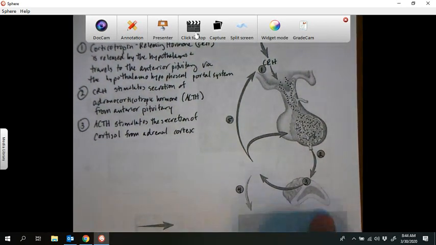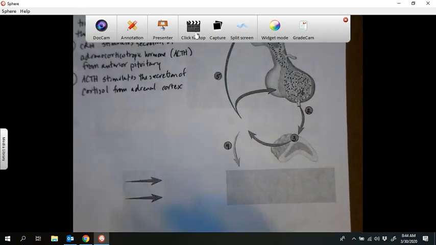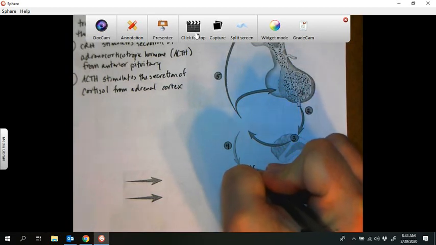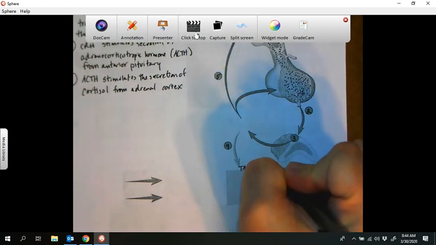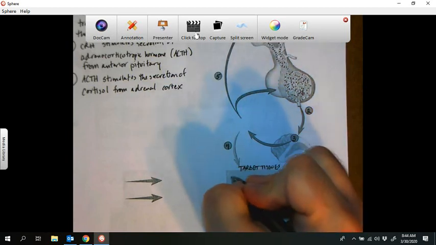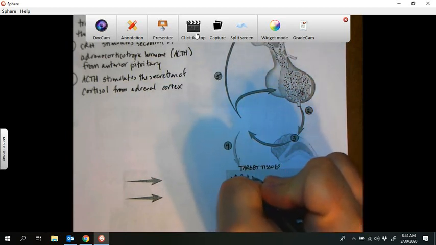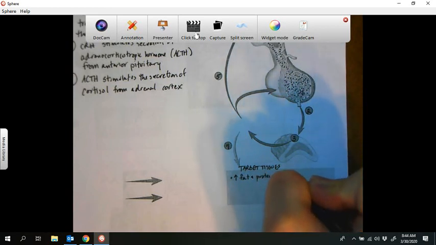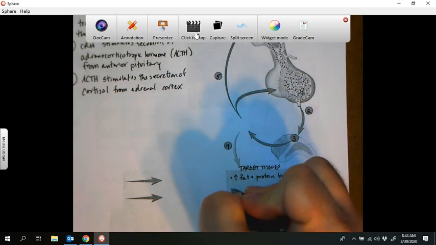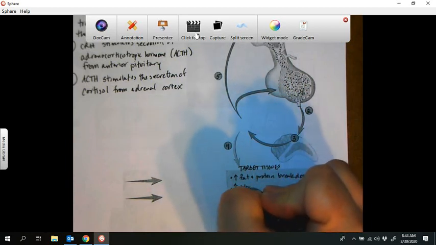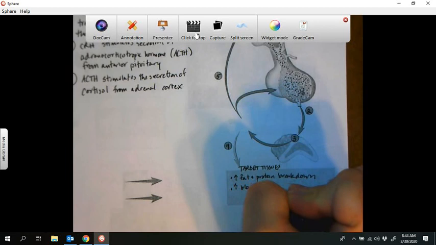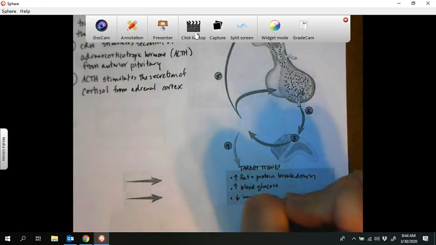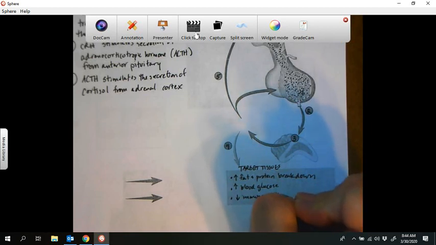The effects of that we're going to label down here in this box. Here we have our target tissues, and there are a lot of them, but the majority show an increase in fat and protein breakdown, an increase in blood glucose, and a decrease in the immune inflammatory response.